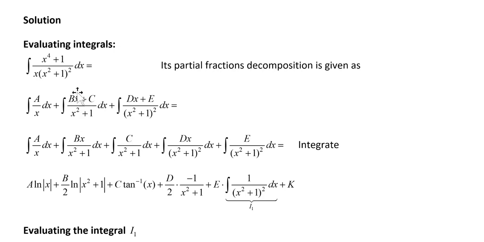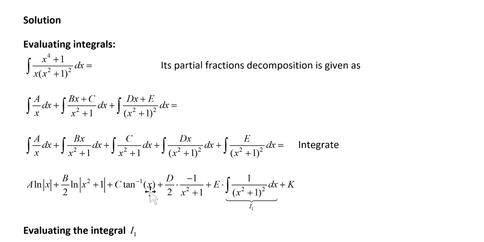We know B is a constant, so we bring it outside and integrate x over x squared plus 1, which by u substitution gives 1 over 2 times ln of the absolute value of x squared plus 1. You already did this case. Then for C over x squared plus 1, C is a constant, so we move it outside and integrate 1 over x squared plus 1, which is just the arctangent of x.